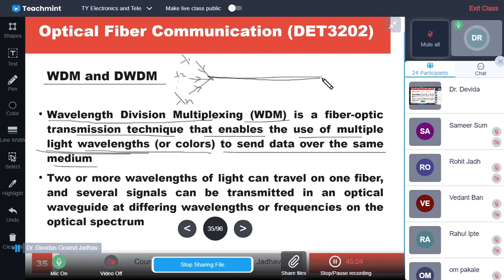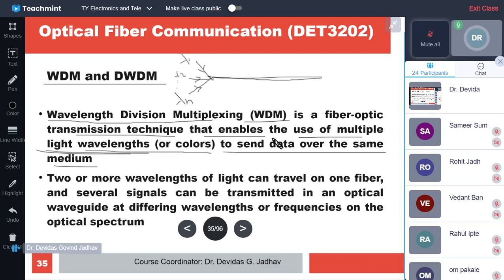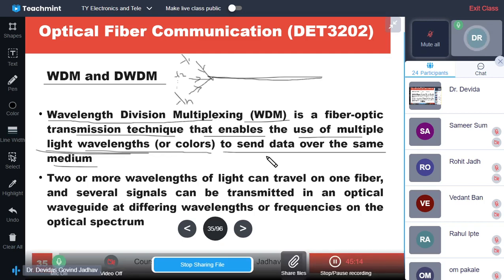So multiple channels can be transmitted simultaneously over the fiber. This is the basic concept of wavelength division multiplexing.